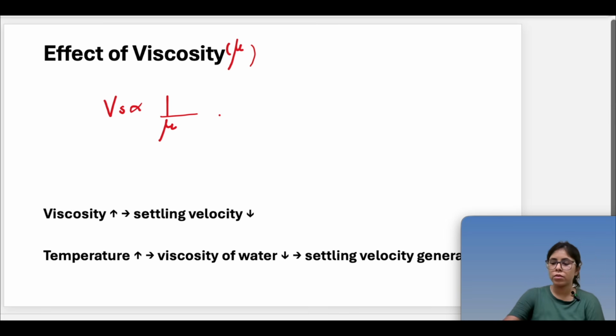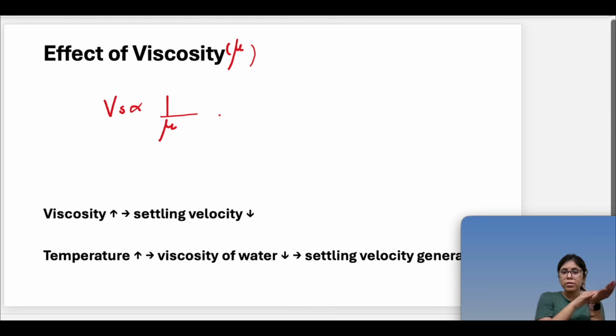If in one jar I have oil and in another I have water, and I put the same size and same density of material, it will settle down in water very fast. It will not settle down that fast in the oil. Why? Because oil has a higher viscosity than water. Water has a lesser viscosity than oil. So that means viscosity and velocity are inversely proportional.